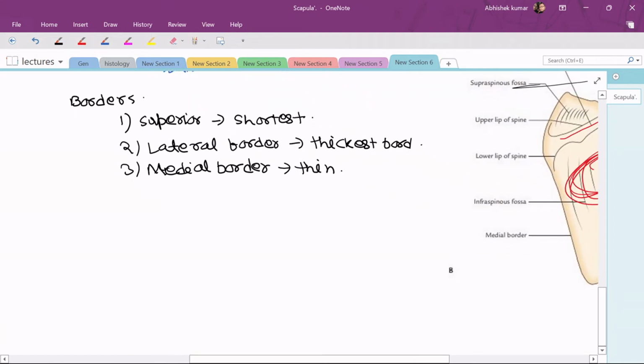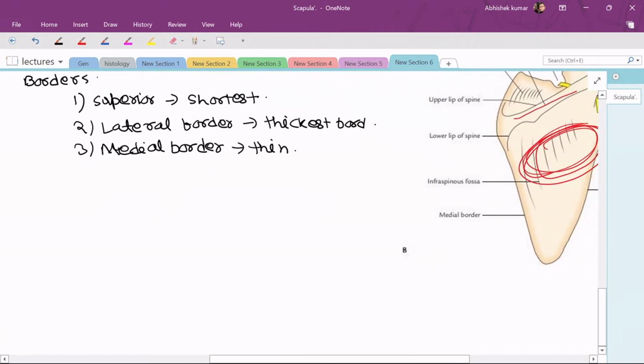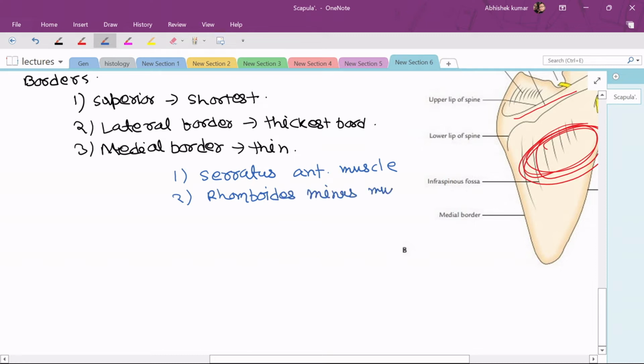Okay. Now the medial border has some attachments of muscles. The first is your serratus anterior muscle. The second one is your rhomboideus minor muscle, and the third one is the rhomboideus major muscle.